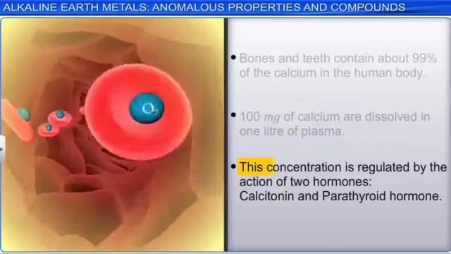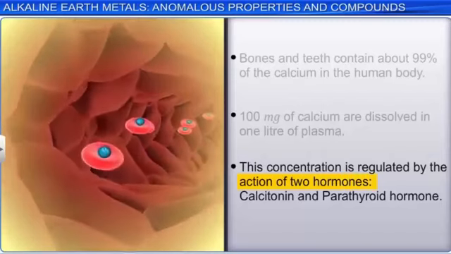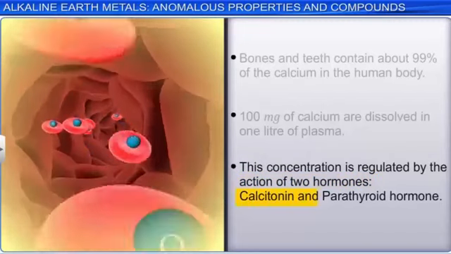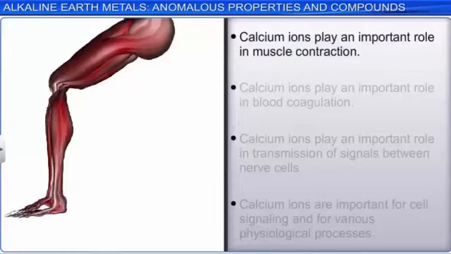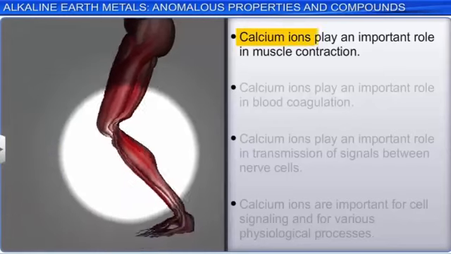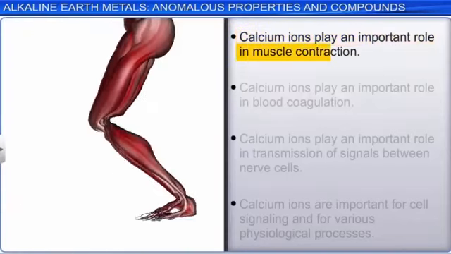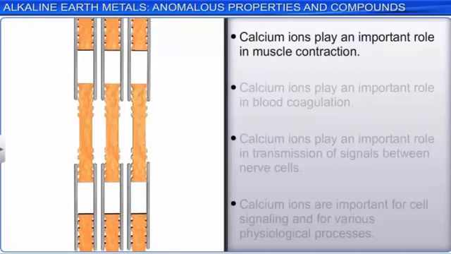This concentration is regulated by the action of 2 hormones, calcitonin and parathyroid hormone. Calcium ions play an essential role in muscle contraction. A diagram of the sliding filament theory of muscle contraction is shown here.